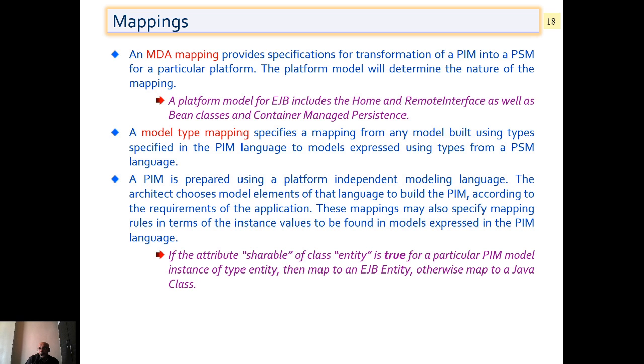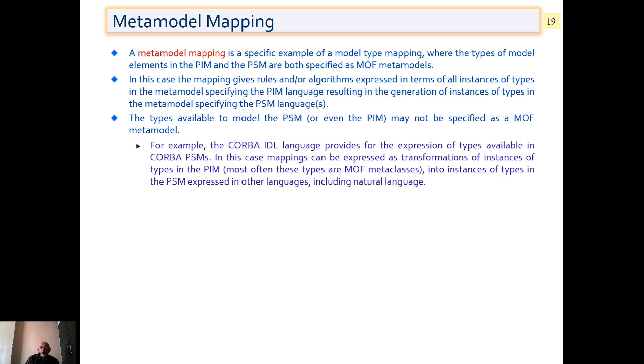Yeah, so therefore you should have the migrations which are consistent enough. If they are well formed, then and only then can you have PIM to PSM mappings in an orderly way. So a meta model mapping is a specific example of model type mapping. So therefore, let's go ahead.